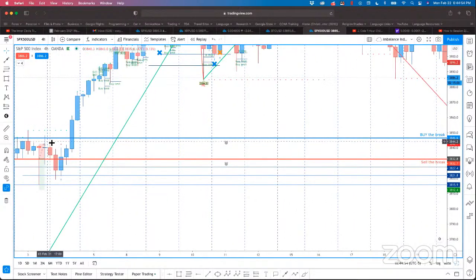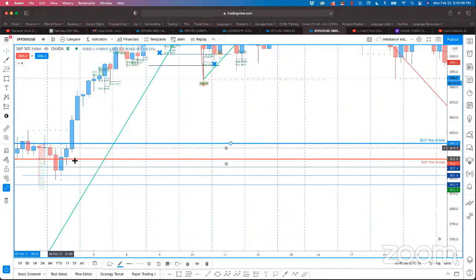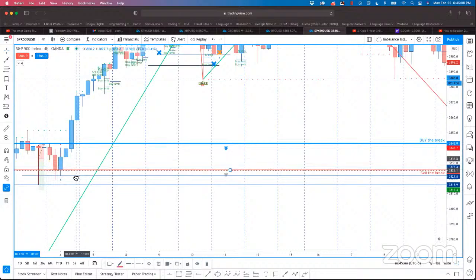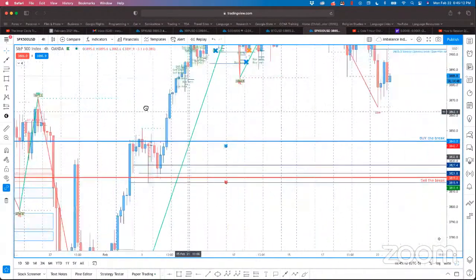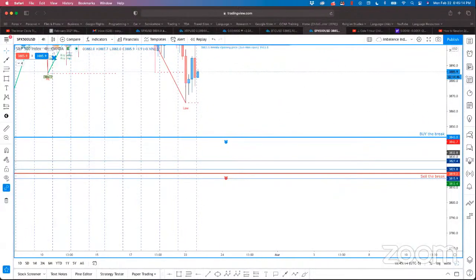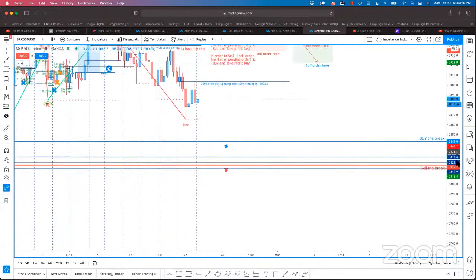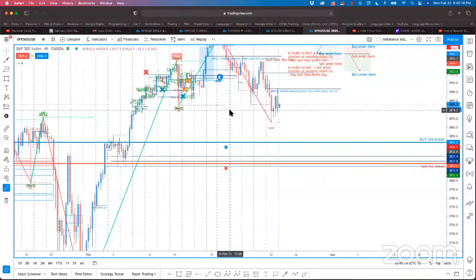Like this one is a very important one. It's from this high down to this low, right? So if I extended this from here to here, this area right here is going to be an important area for this to come back to.